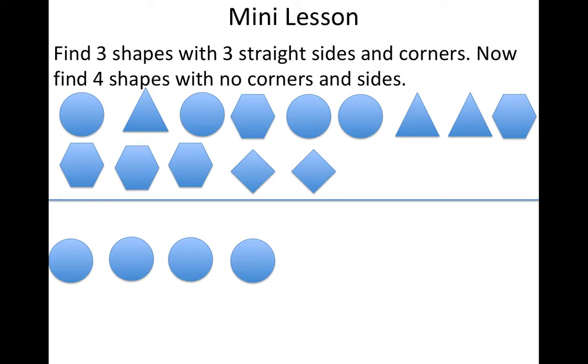Now I want us to find 3 shapes with 3 straight sides and corners. Can someone please raise their hand and tell me which shape I am talking about? Oh, I see so many hands. It's so hard for me to pick one. I'm going to pick from my popsicle sticks. Oh, I picked Daha.